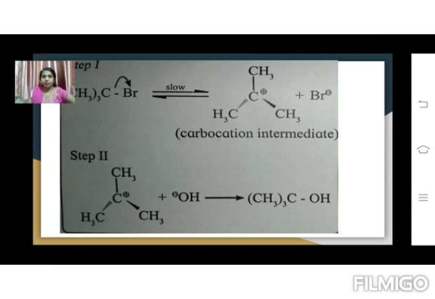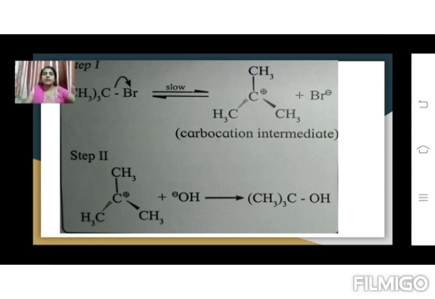In the second step, because we have the carbocation, the nucleophile can attack from either side, from the front side and also from the back side. Compare it with the last one, SN2, which we have completed, where the reaction took place in only one step.